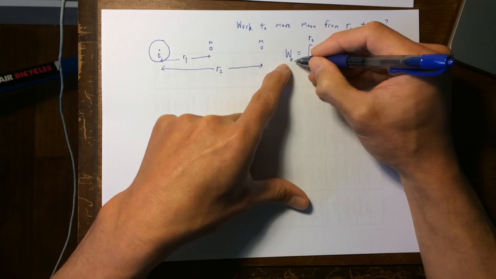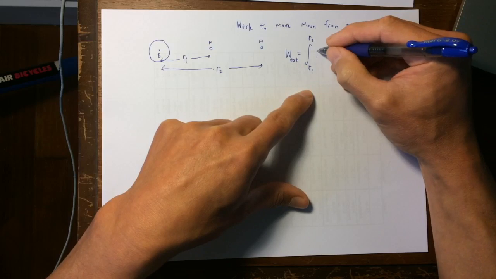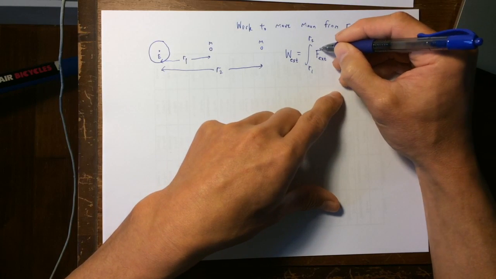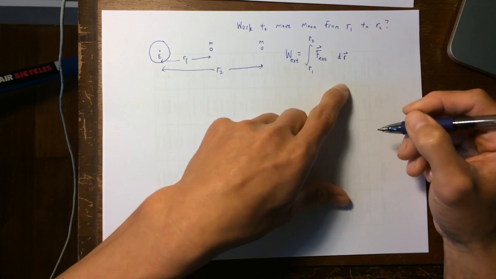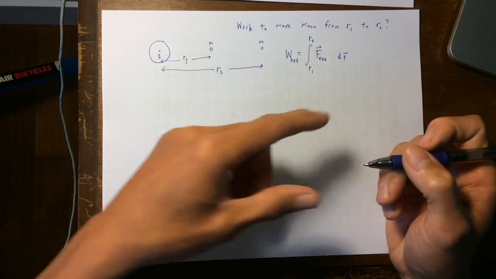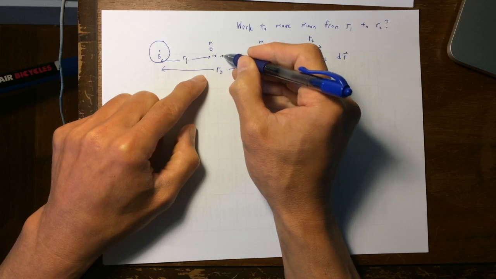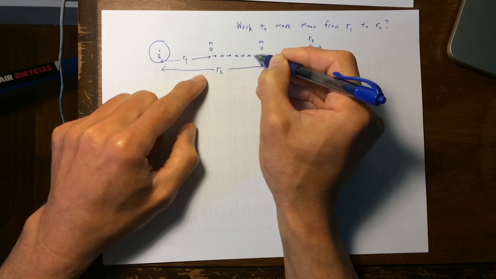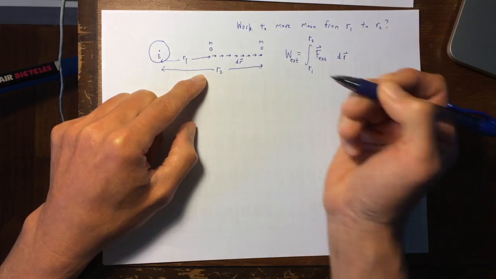I'm going to consider the work done by an external force. So this is the external force. And I'll do the dot product against moving out with small vector displacements, starting here and then moving along a bunch, an infinite number of infinitesimal length dr vectors.